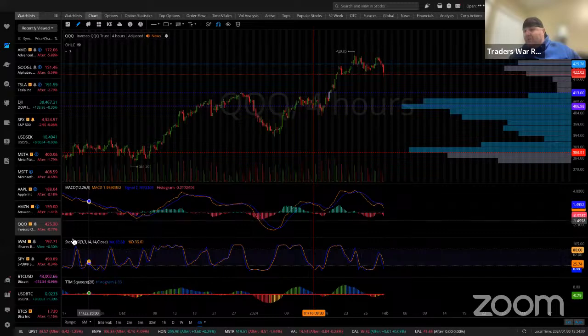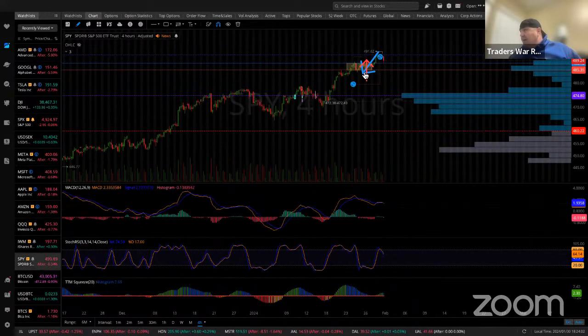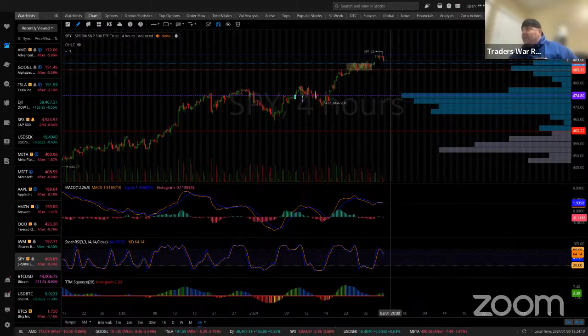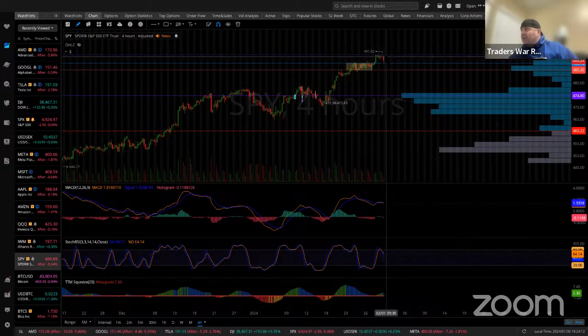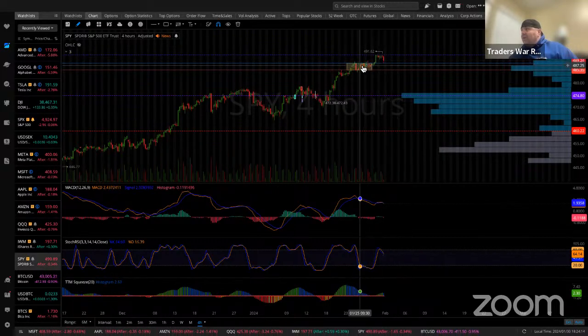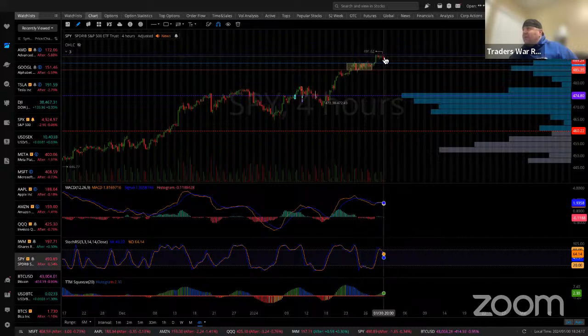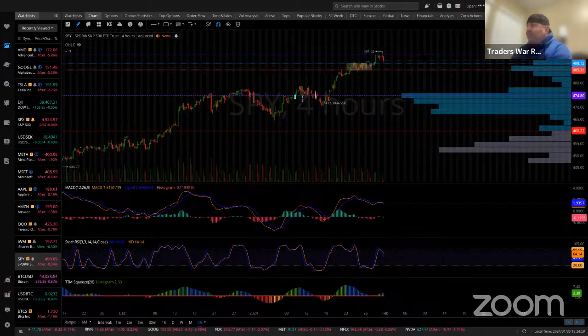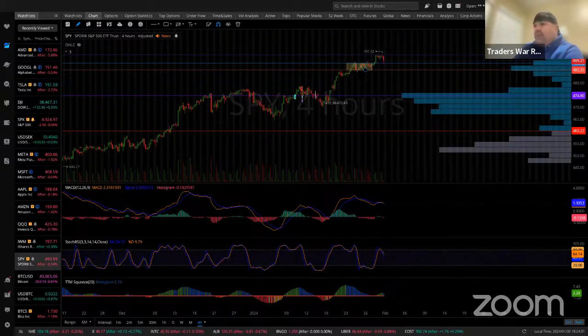The Q might be in some trouble. There's the SPY. See, the SPY popped up. Are we going to stay in supply? Or are we going to stay up here in the resistance zone? Or are we going to come back into the support? I don't know. It'll be interesting. So that'll be one of those that we'll have to play.